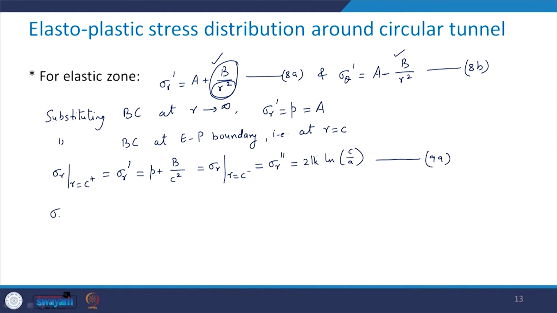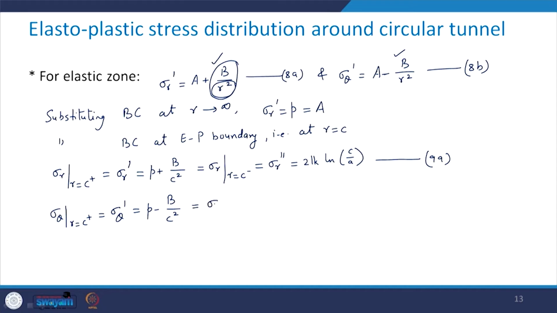Similarly, we have it for theta, sigma theta at r equal to C plus, that is going to be equal to sigma theta prime, and this is what is your P minus B upon C square.